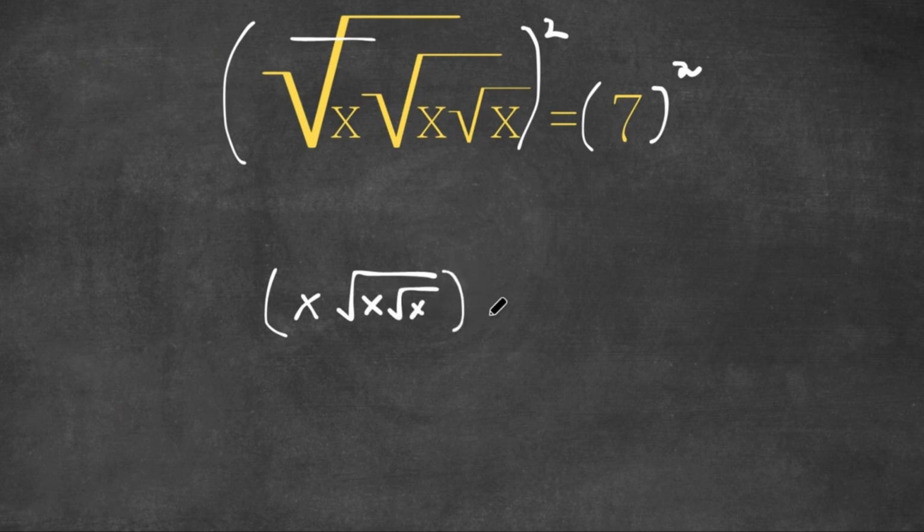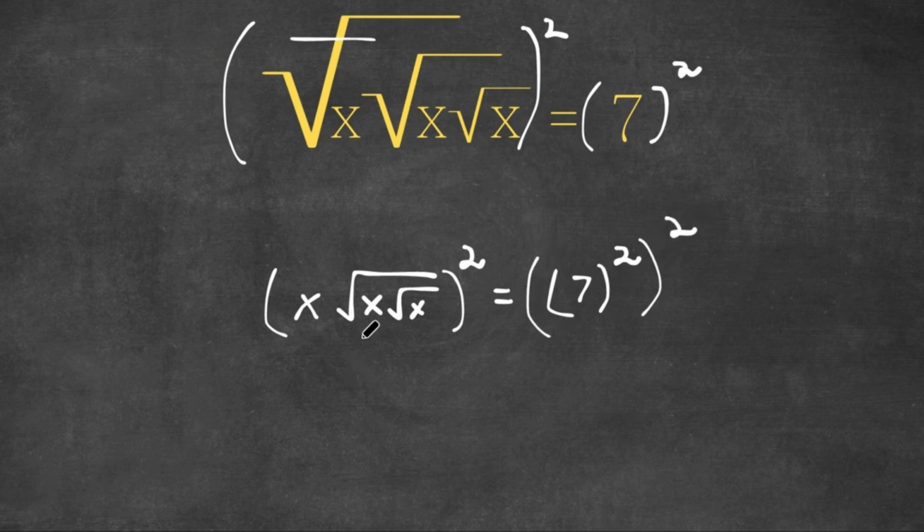And this is equal to 7 squared. Now, I'm going to take the power of 2 again on both sides. And now this cancels out this square root.